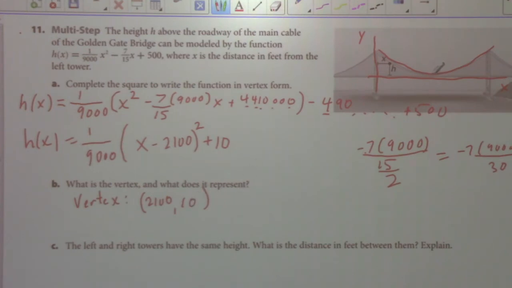And so that's going to be this point right here, 2,100, comma 10. And what does that represent? The low point in this cable, right? Of the cable span. I'll put cable span.